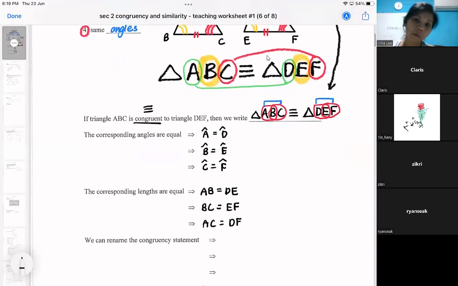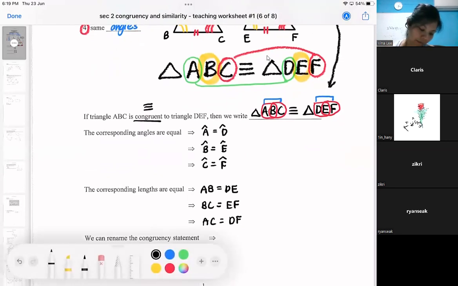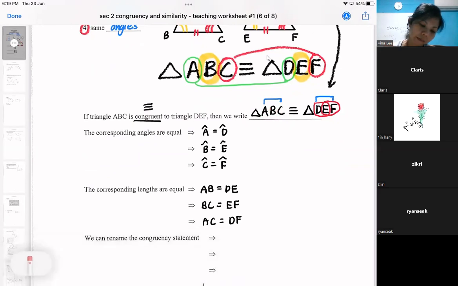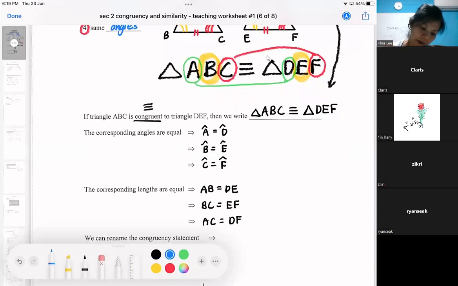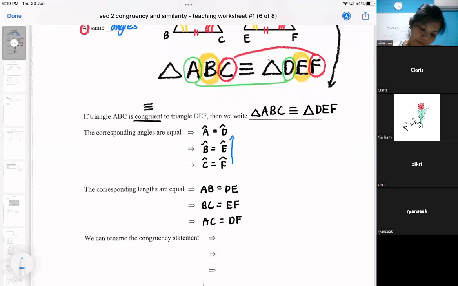We can also rename the congruency statement. After renaming, the same angles must match. For example, I can write the congruency statement backwards.